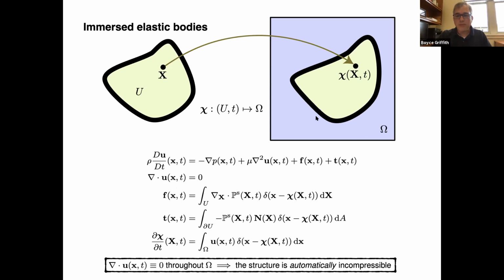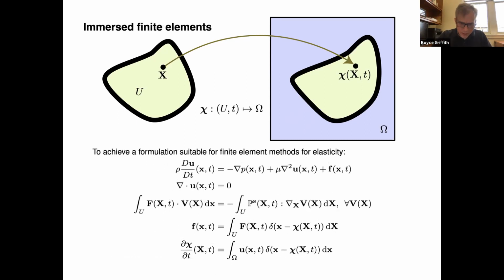One thing to note is that because we're using a common momentum equation for the coupled fluid structure system, at least in principle in the continuous equations, the structure is automatically incompressible because the velocity field satisfies the divergence-free condition everywhere in the domain. In practice, we want to use this kind of formulation with a finite element structural discretization.